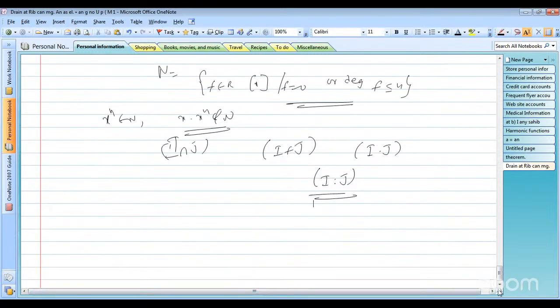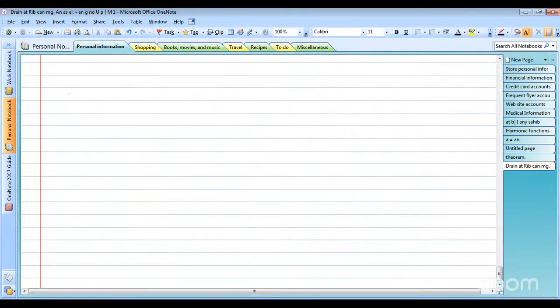What is the definition of module? Let M be an R module.